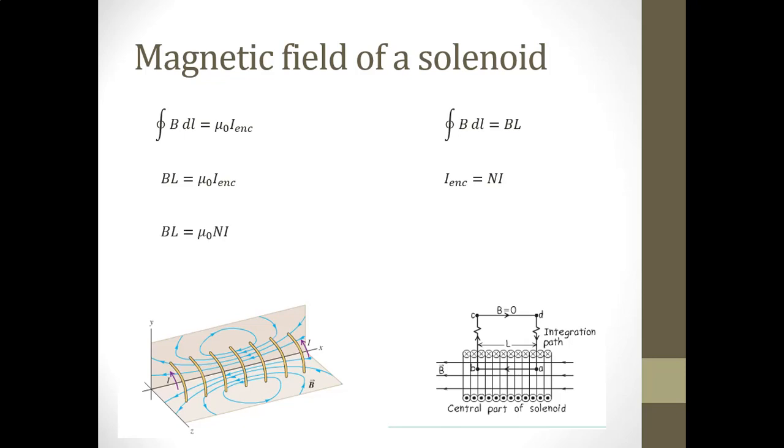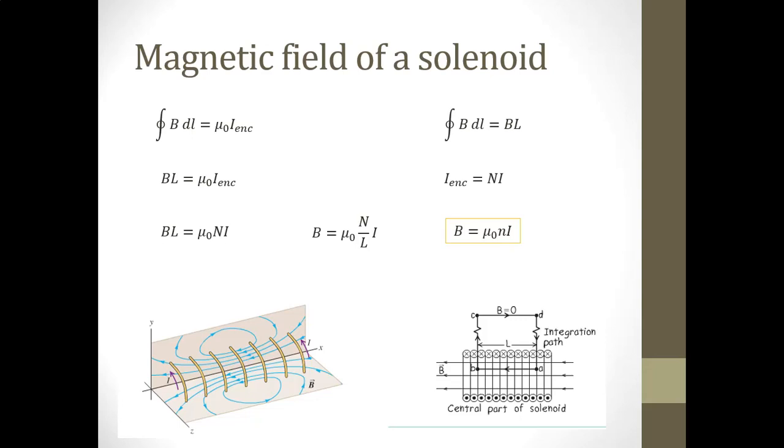So then we get the expression B times L is equal to mu naught, number of loops times I. So I could actually calculate the magnetic field of a solenoid by doing this. Say I know the number of loops, capital N, I know the length of the solenoid L, and I know the current in the solenoid, I could calculate the magnetic field inside of this perfect solenoid.